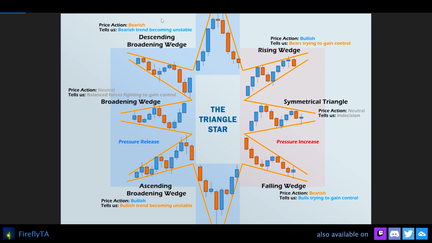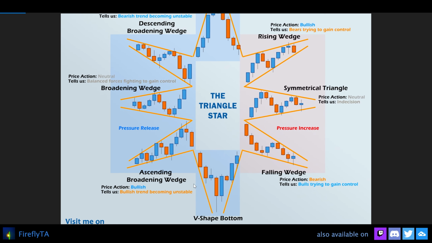So let's briefly talk about each of these ascending broadening wedges. You can see the trend is up, but it is not a strong trend. You can see how the sell-offs retrace quite a bit, almost to the previous low. And this means, what does this, think about this for 1 minute.